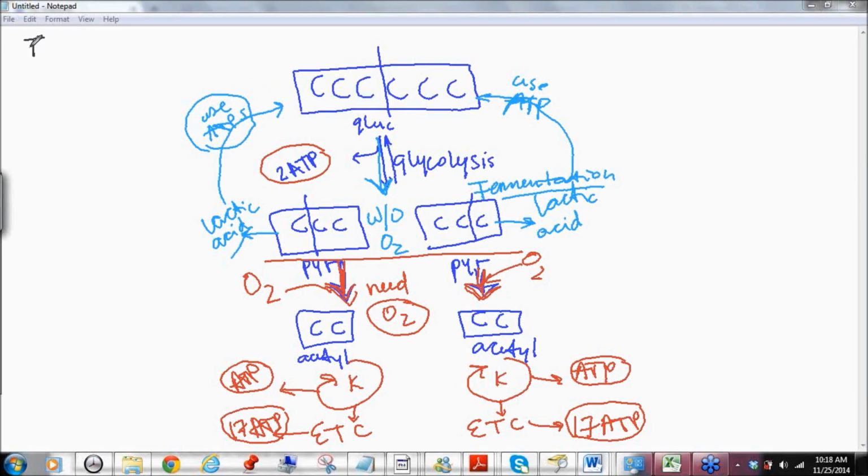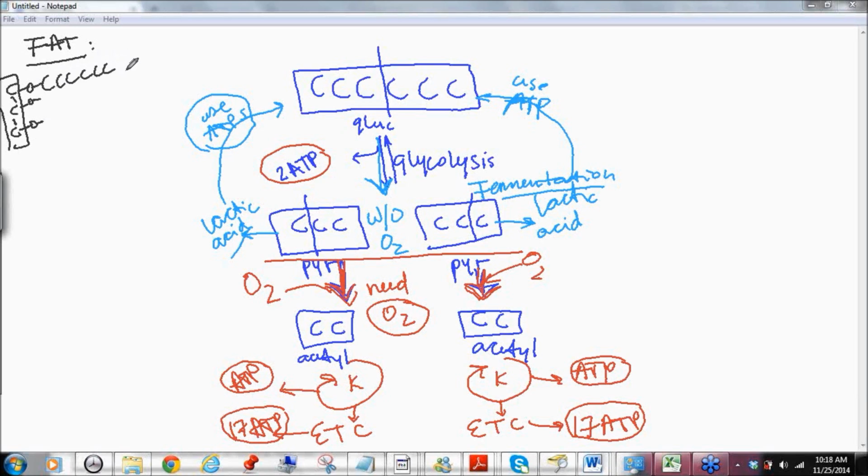So fat, if you guys remember, is mostly triglycerides. And triglycerides are chains of fatty acids that are attached to a glycerol backbone. So here's the glycerol backbone, and then there are going to be chains of fatty acids attached to that glycerol backbone.